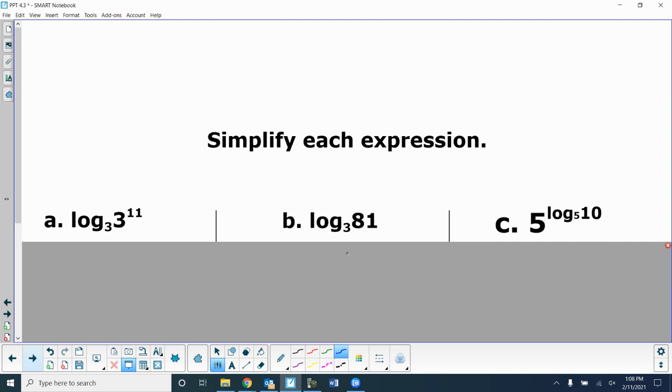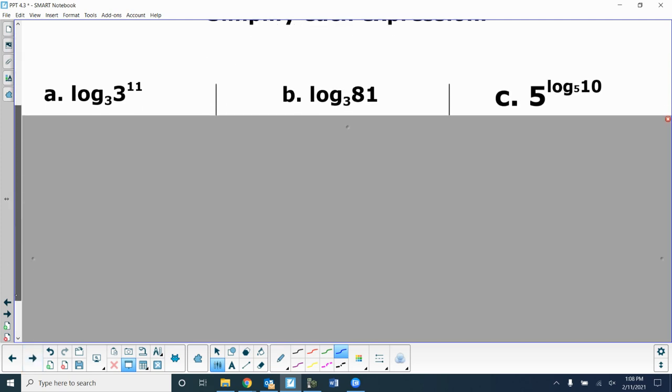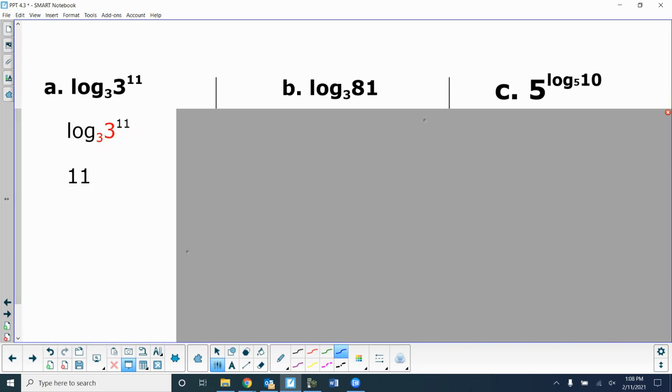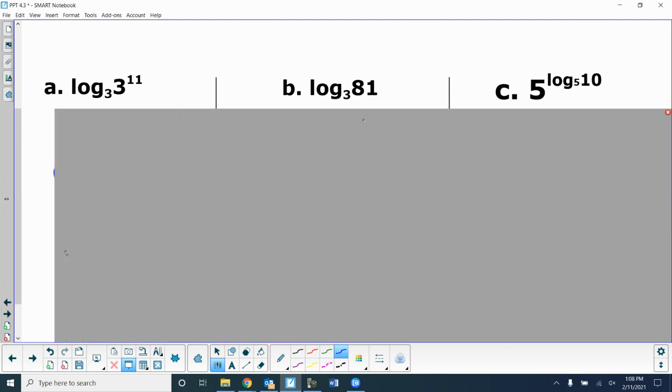All right, so what's A here, Jamie? Three to what power equals 3 to the 11? Oh, it cancels out with the 11. Correct. Yeah, those are the same, right? So it's just the 11. What about this C one?